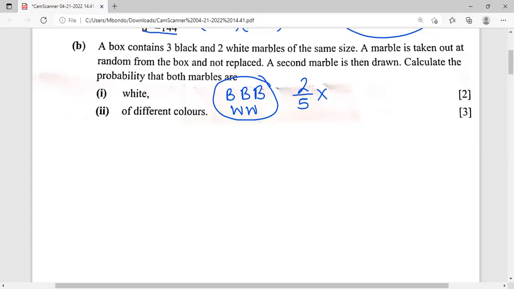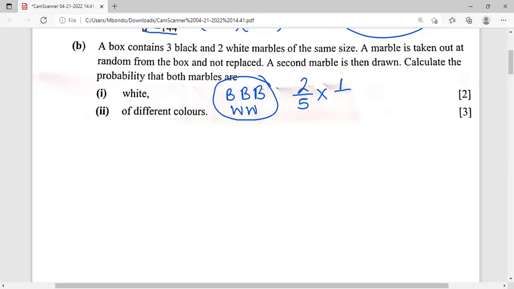Now take note that the white marbles are no longer 2. 1 white marble was removed because of this part. So when it was removed, it means we remained with another white marble. How many white marbles do we still have? We have only 1. What about the total number of balls in this box?